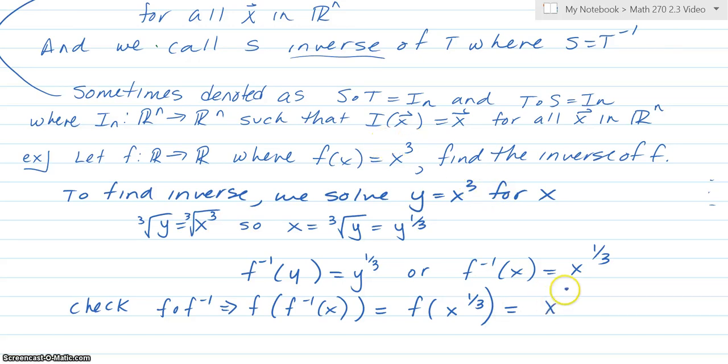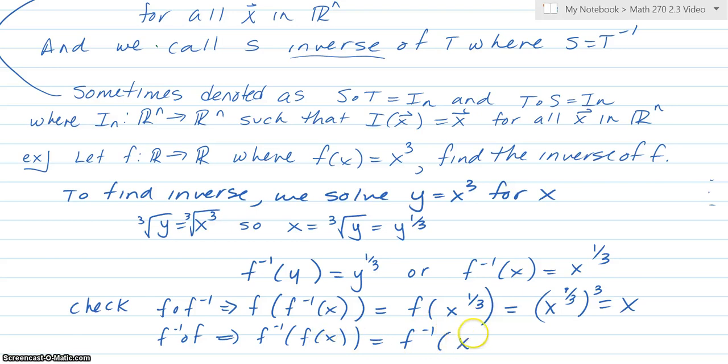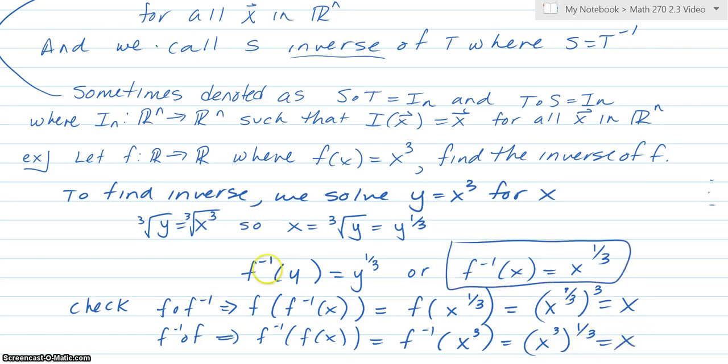That would be x to the 1/3 cubed, which is indeed x. If we did it the other way around, just to check, that would be f inverse of f of x, which is x cubed. And then now we're going to put an x cubed in for the inverse right there. So that would be x cubed to the 1/3, which is still x. So therefore, this is indeed the inverse.